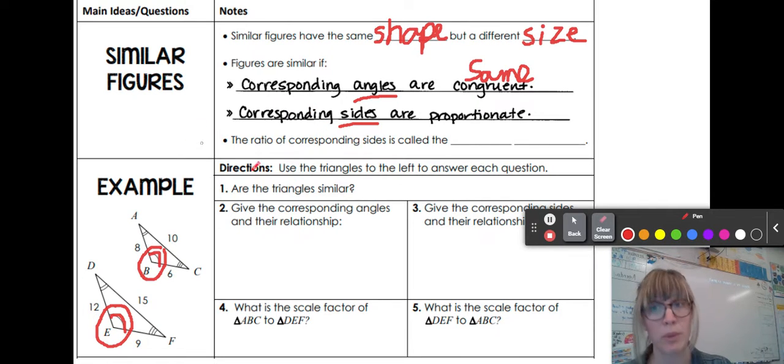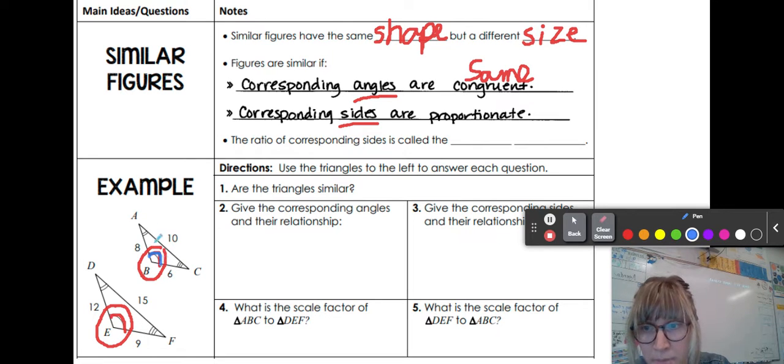Similarly, corresponding sides are proportional in a similar figure. So if we think about the sides, right, the sides here are corresponding when they're touching the same two angle pairs, right, that are congruent.